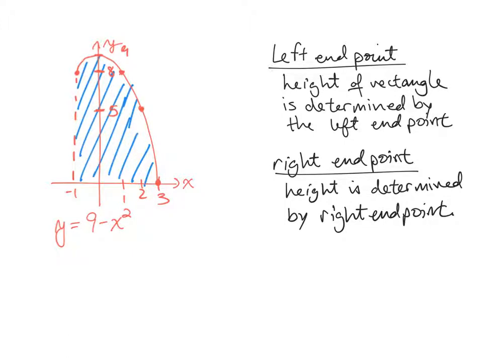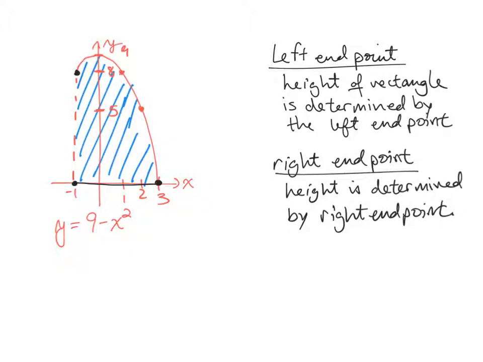So we consider the entire interval from -1 to 3, and we can either pick the left endpoint and find the height, which would be up here. We would get that just by substituting this x value into the function.